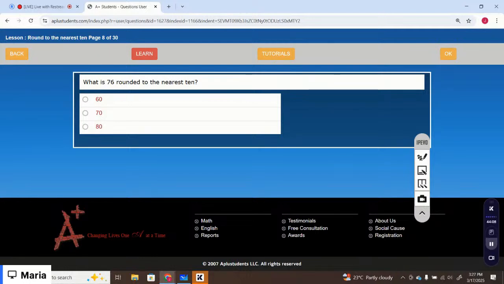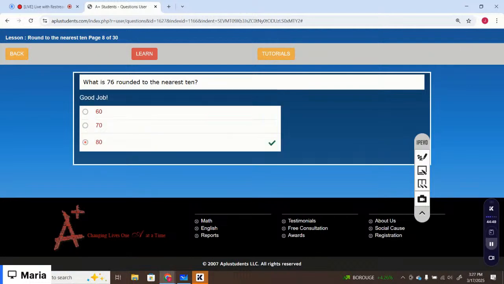What is 76 rounded to the nearest 10? So which is the correct option? 76 is rounded to 80. Option number 3 is the correct option.